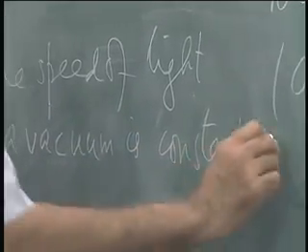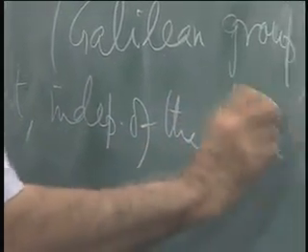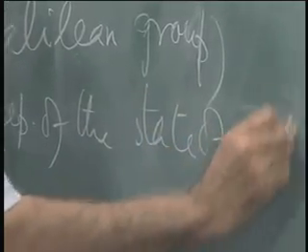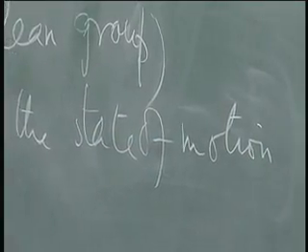The speed of light in vacuum is constant, independent of the state of motion of the source or the observer or the receiver.